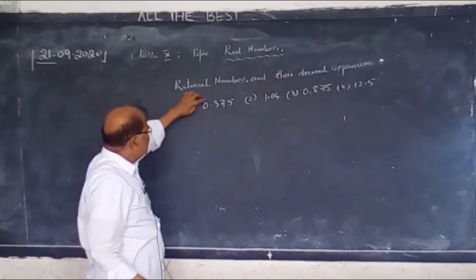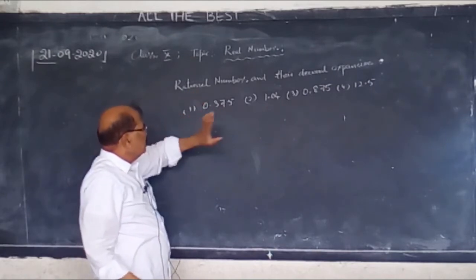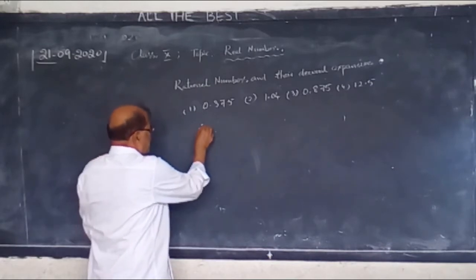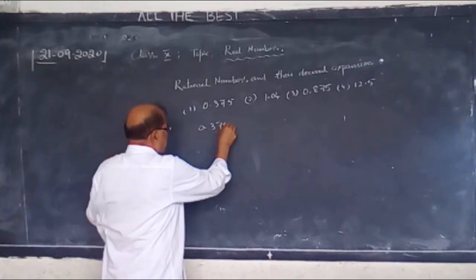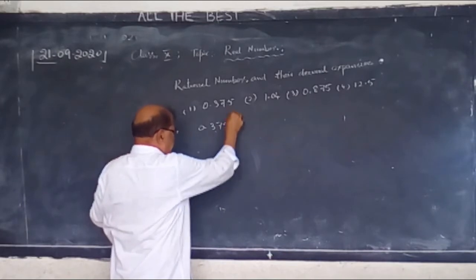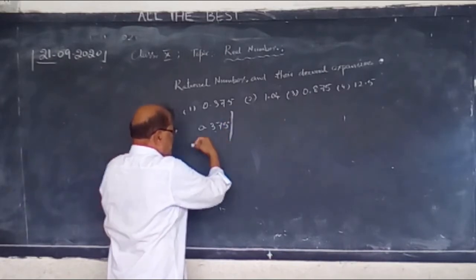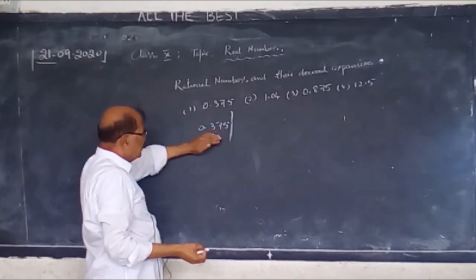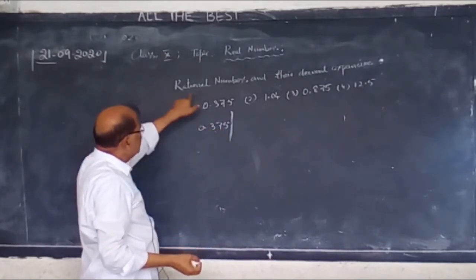Now, whenever you see a number like 0.375, it is a terminating decimal. That means ending. There is no further. It is ended. So it is a terminating decimal, and a terminating decimal is a rational number.